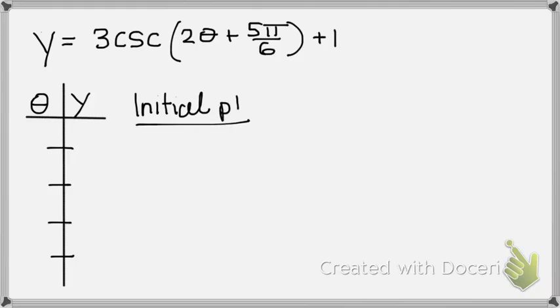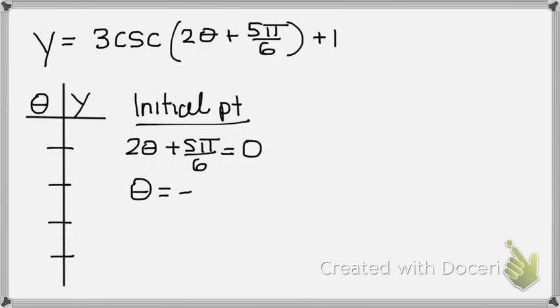So the initial point is going to be like all initial points except tangent and cotangent. We're going to set up the argument equal to 0. So actually all of the functions except tangent we set equal to 0 to get our initial point, and then solve for theta.